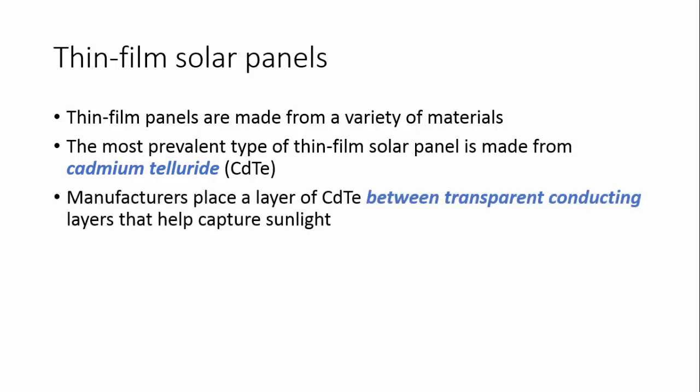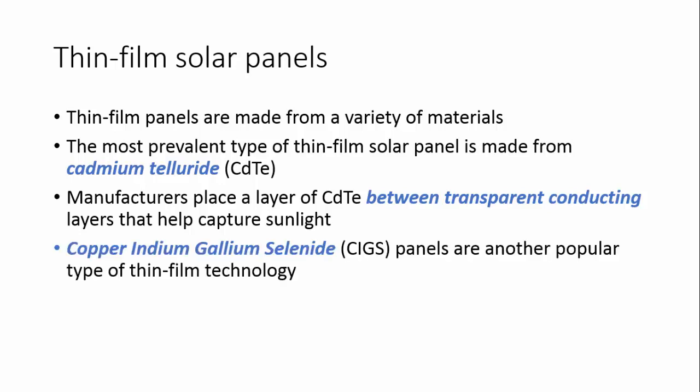Manufacturers place a layer of cadmium telluride between transparent conducting layers like glass. That should be transparent conducting material. One more material commonly used in thin film solar panels is copper indium gallium selenide. This is one more popular material used in thin film solar panels.